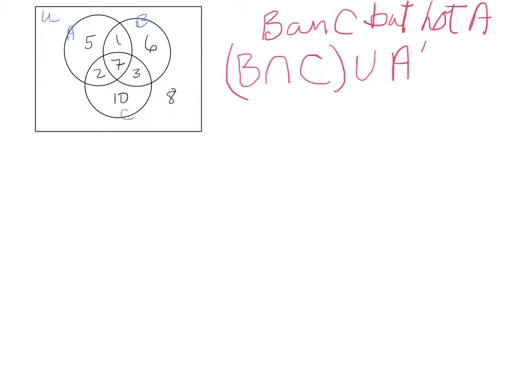Alright? So given that, this is what we're looking for on our diagram, and we want to be able to do that. Now, B intersects C, we can see, is this region right here that contains 7 and 3, and then we union that with A complement. Outside of A complement will be 6, 3, 10, and 8.